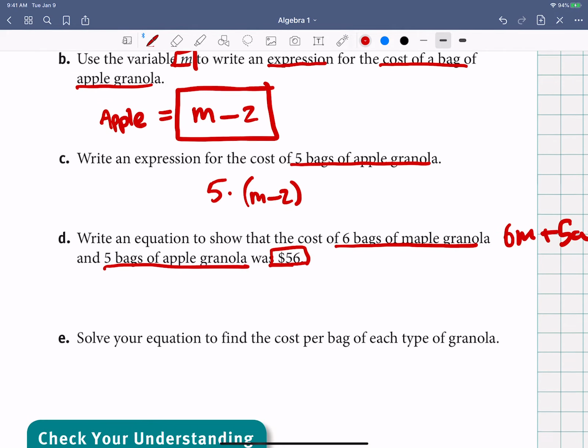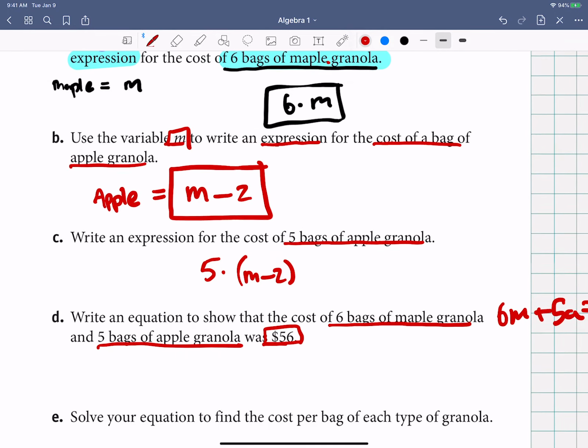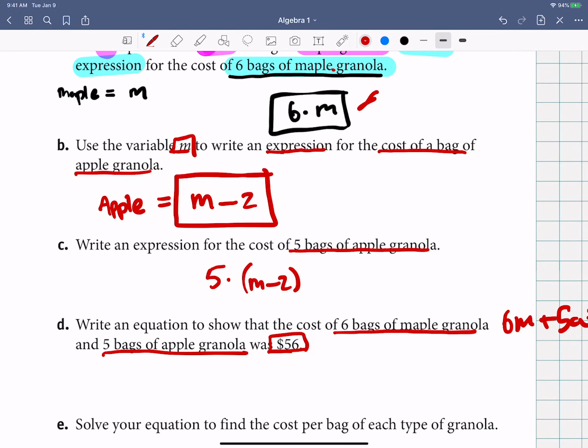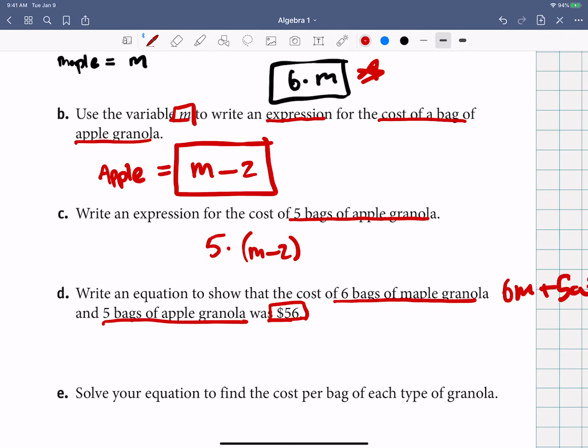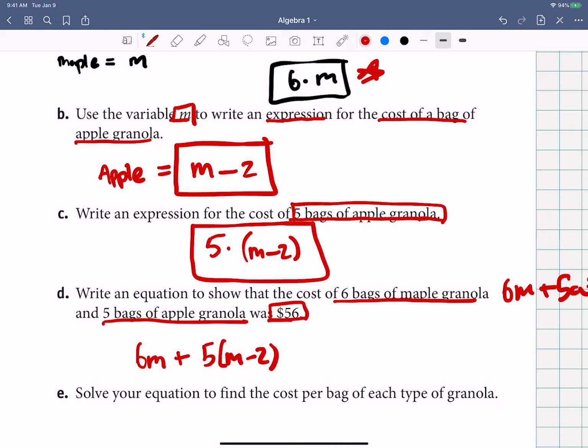The price of 6 maple granolas, we already decided, is 6M, plus the price of 5 bags of apple granola, which is 5(M - 2). And we're going to set that equal to $56.